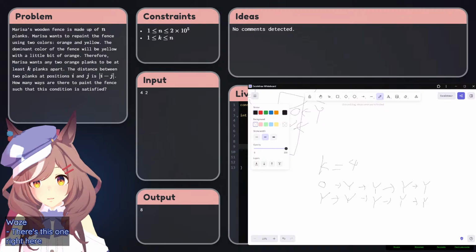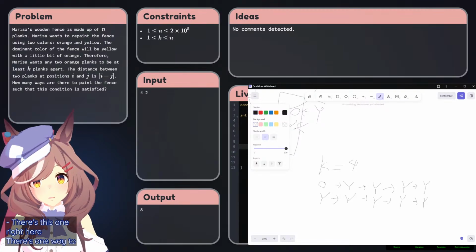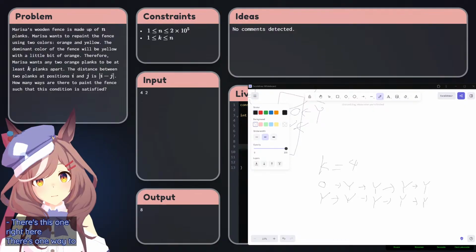There's one way to have the orange that ends at the index i.